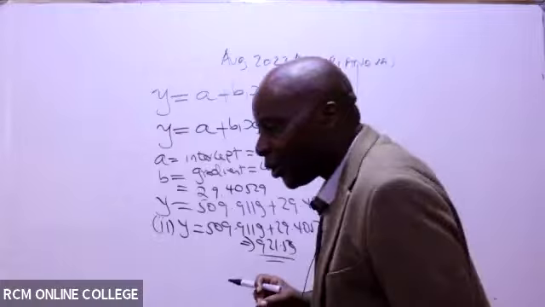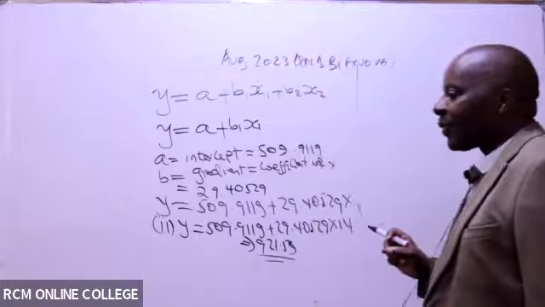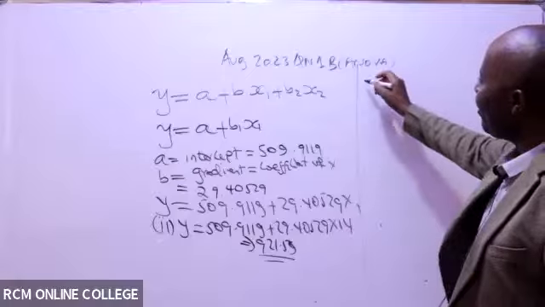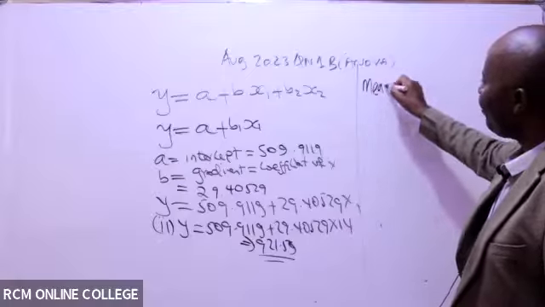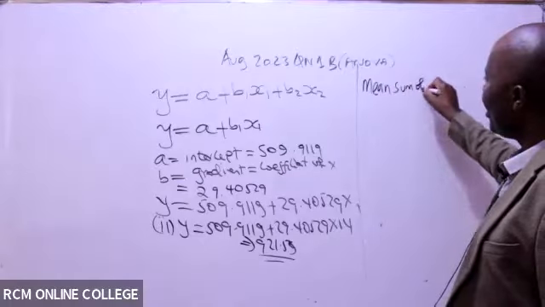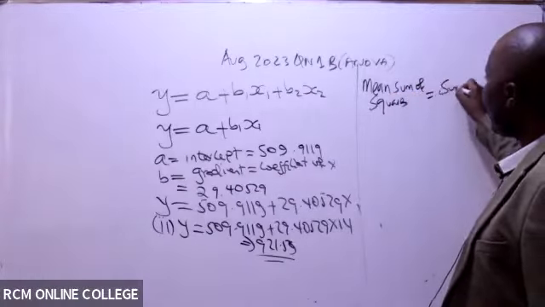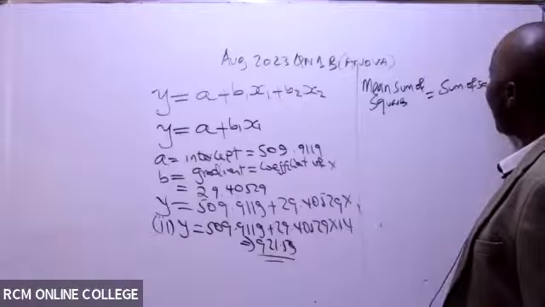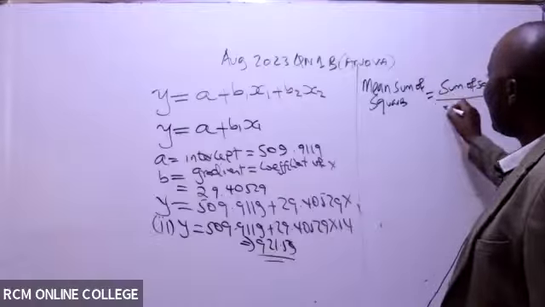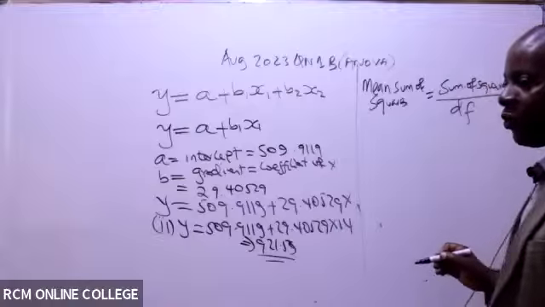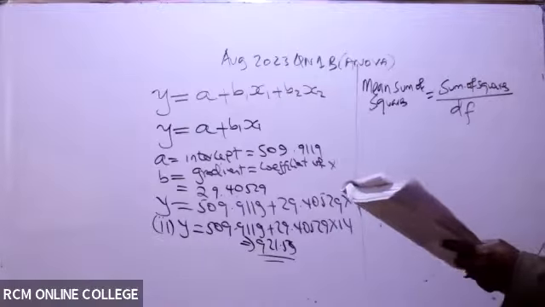So they're giving me a figure there. They're telling me, ladies and gentlemen, that to get the mean sum of squares, in this case here, take the sum of squares given and divide this by the degrees of freedom.